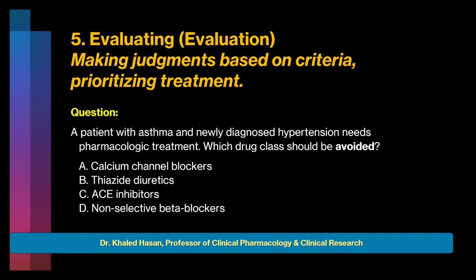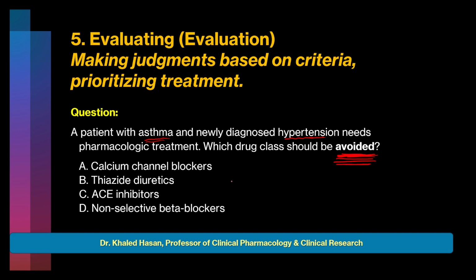Regarding evaluation, making judgment based on criteria: a patient with asthma, newly diagnosed with hypertension, needs pharmacological treatment. Here we have asthma and hypertension. We try to evaluate the case: which drug class should be avoided? So we need to put several underlines under this word.